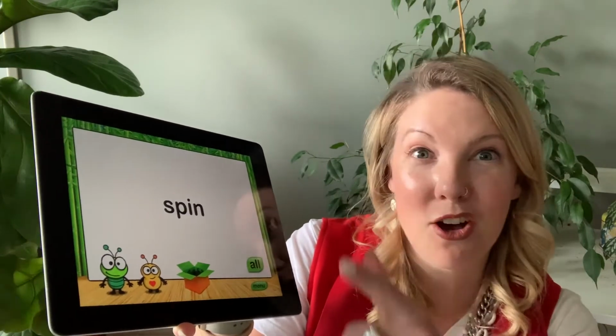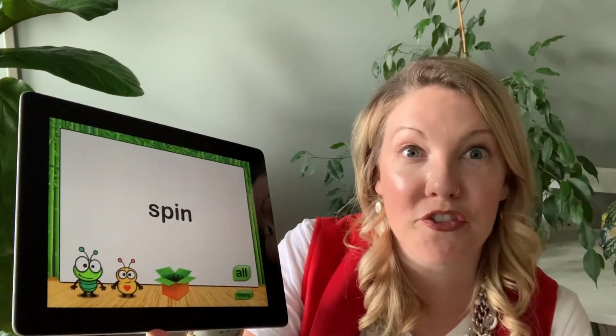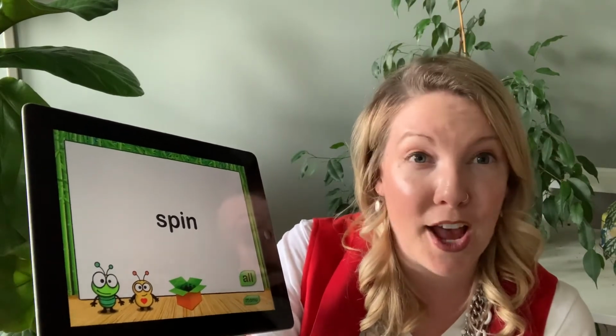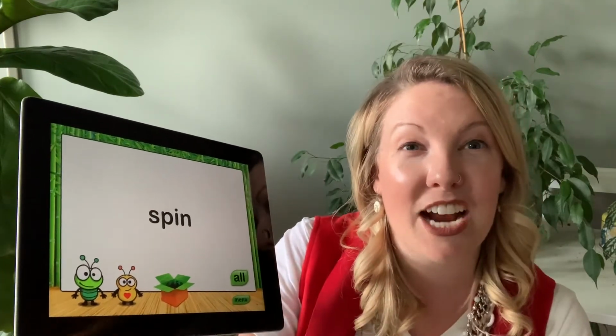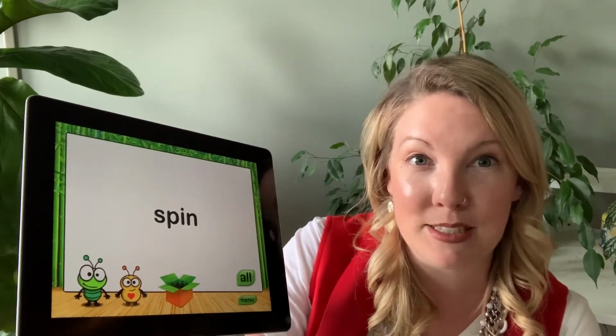Wonderful. So you can see already how interactive this app is going to be. Sometimes when we're working on verb vocabulary, it can be very hard if you're trying to do it with a static picture because verbs move. They're action words. That's what they do. So what I love about this app is that it actually shows the motion and the action that the verb makes.